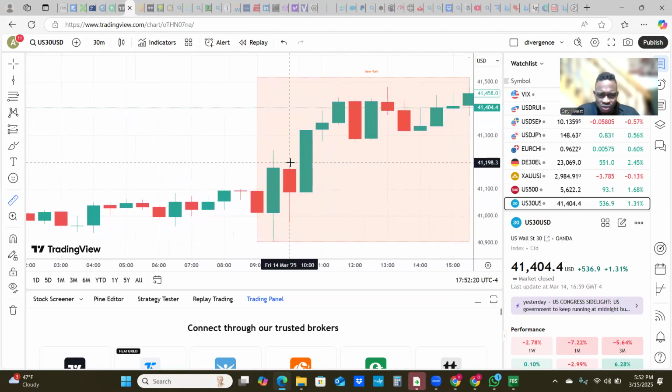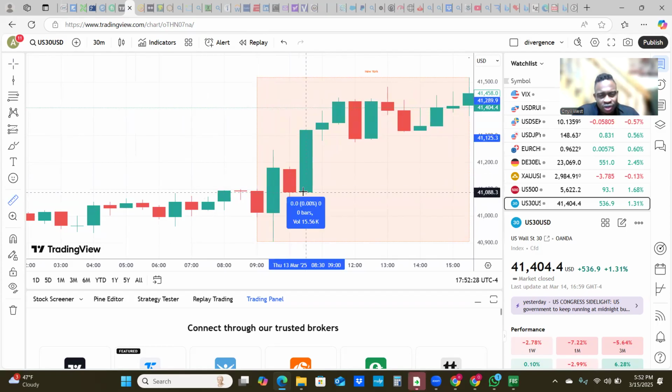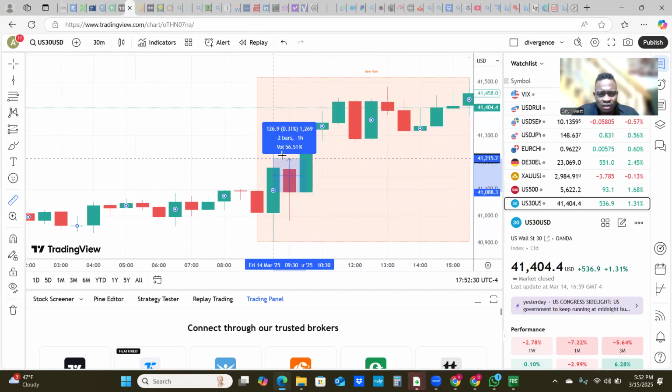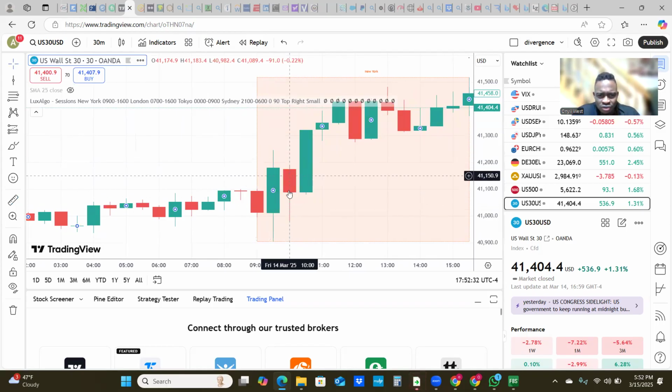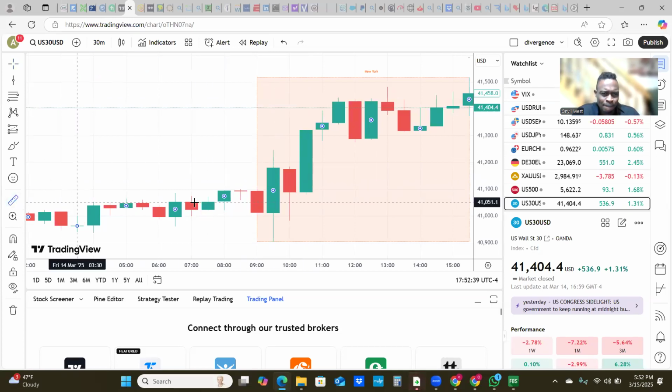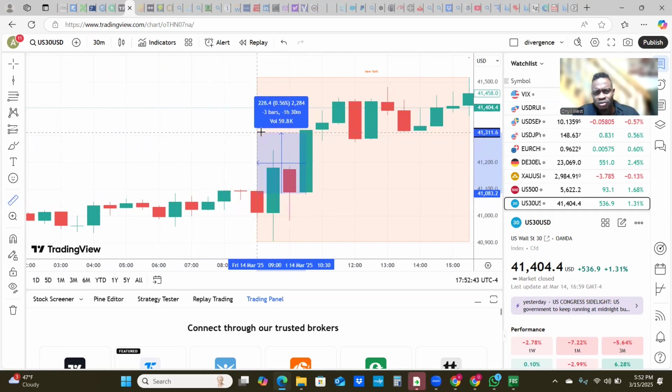So let's wait for 10 o'clock to finish. 10 o'clock shows me a rejection. So here we're getting in after this candle closes. After this candle closes, because this is the 10 o'clock candle, this is the 10:30. So we go in here and then we go for it, and that's how we got the 150.